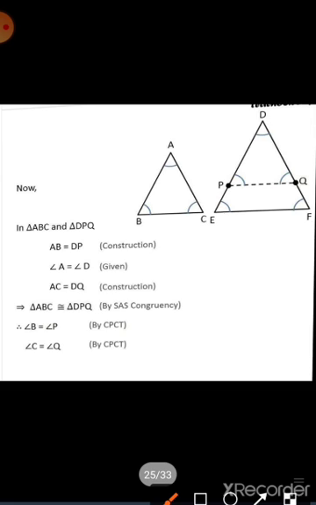So, from triangles ABC and DPQ, A and D are equal, B is equal to P, C is equal to Q. So, we can say that AB is equal to DP, included angle is equal, AC is equal to DQ. We can say that triangle ABC is congruent to triangle DPQ. By CPCT, B and P are equal, C and Q are equal.